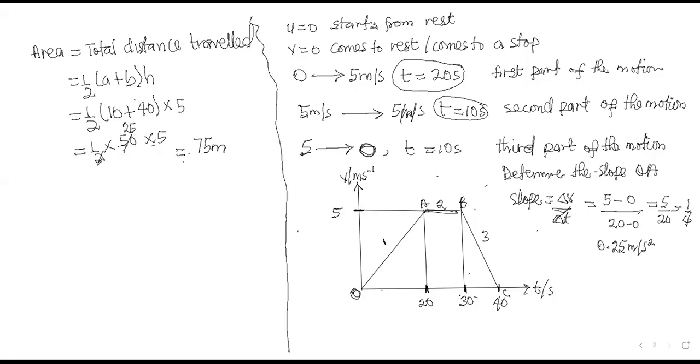How many of you got this correct? Sir, please, 25 times 5 is not 75. Okay. Oh, 125. Yeah, I'm tired though. Okay, thank you. It's 125 meters. How many of you got it?